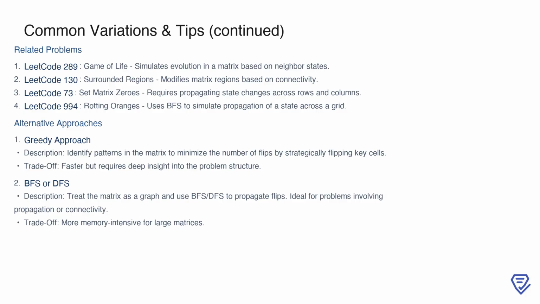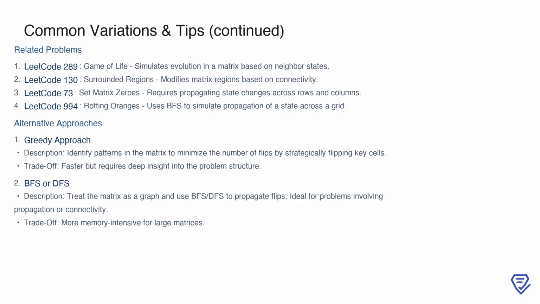LeetCode 130, Surrounded Regions, deals with modifying matrix regions based on connectivity, while LeetCode 73, Set Matrix Zeros, requires propagating state changes across rows and columns. Finally, LeetCode 994, Rotting Oranges, uses BFS to simulate the propagation of a state within a grid. These problems introduce various techniques that can deepen your problem-solving skills.